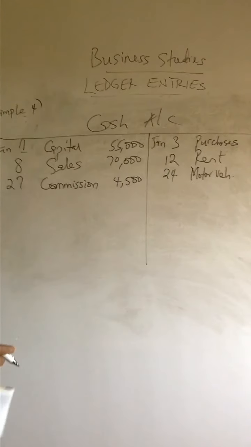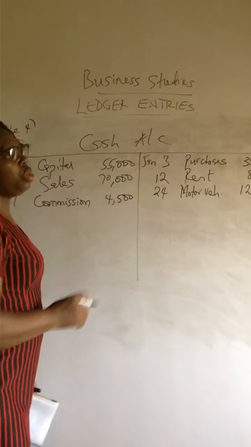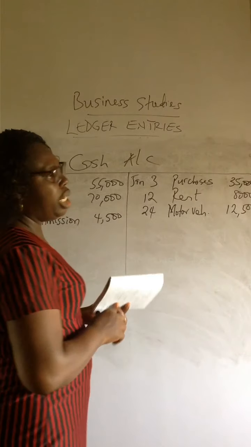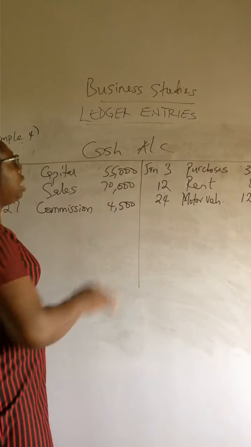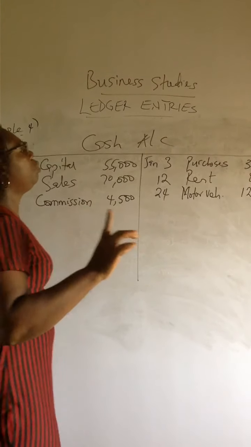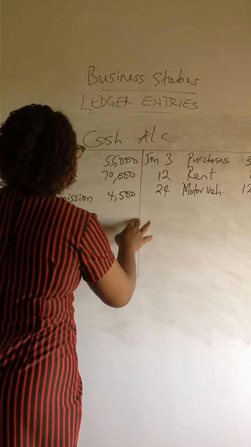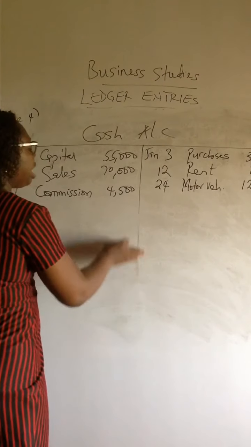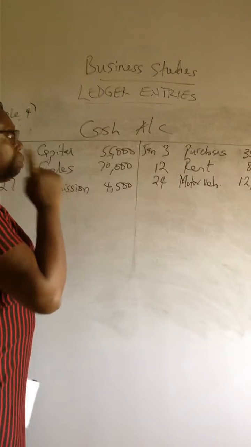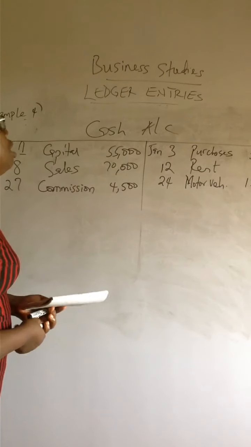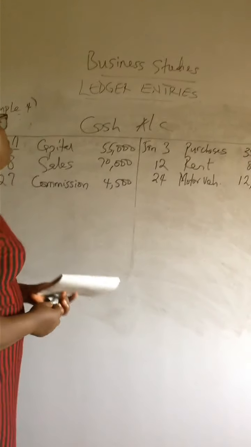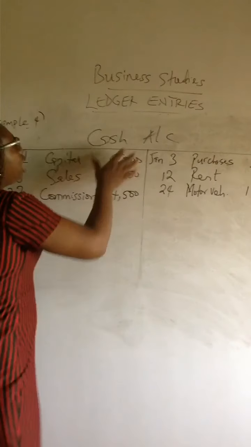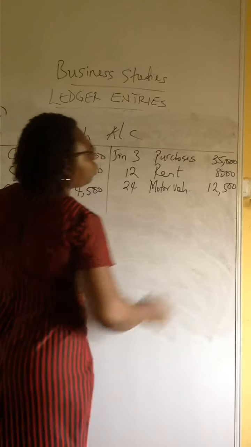So these are the transactions. Now we are going to balance the account. Please note that in preparing your ledgers, any ledger that has more than one entry should be balanced at the end of the day. So we are going to balance this now. How do we balance? First of all, you add the two sides together, which we will do now.